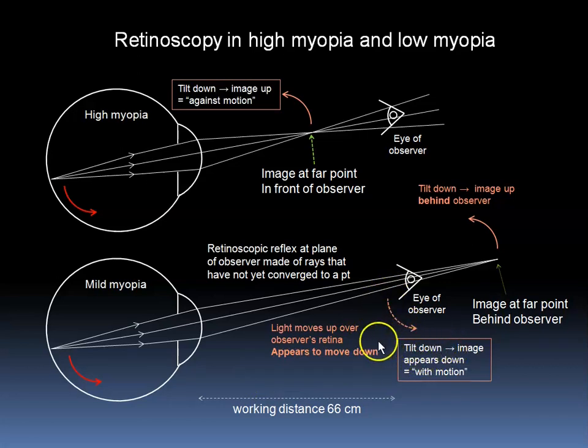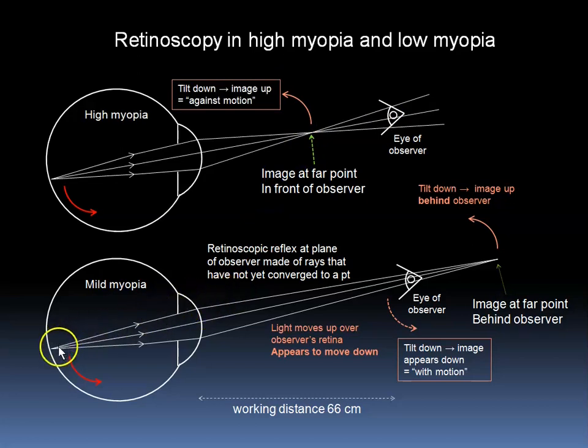So tilting down, in this case, is perceived as the image moving down by the observer. In other words, the band of light coming off the retina through the pupil is seen as with motion. In other words, only where the image coming off the retina is between the patient and the observer will it be seen as against motion.